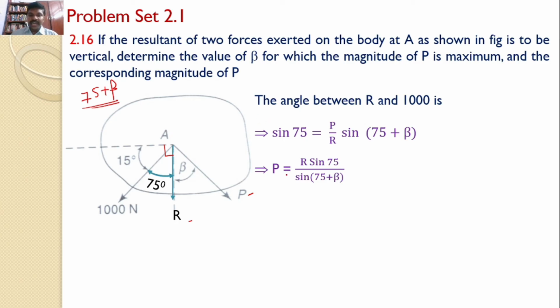Our aim is to see that P should be maximum. What is the value of beta so that P should be maximum?